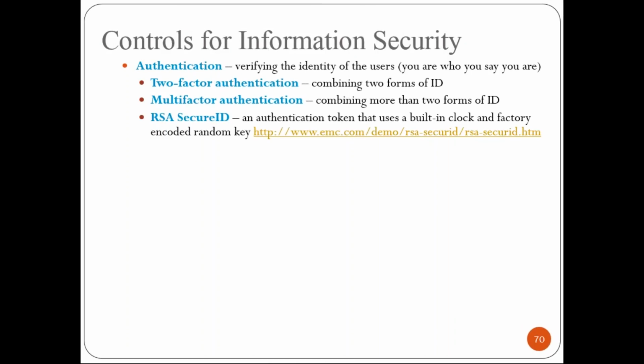RSA is a challenge response system. RSA SecurID is the name of the product. It basically has a built-in clock and a factory encoded key. What happens is, when you go into the system, let's say you have a token and a password and a thumbprint, after you go in, they may even have another layer that's an RSA SecurID.